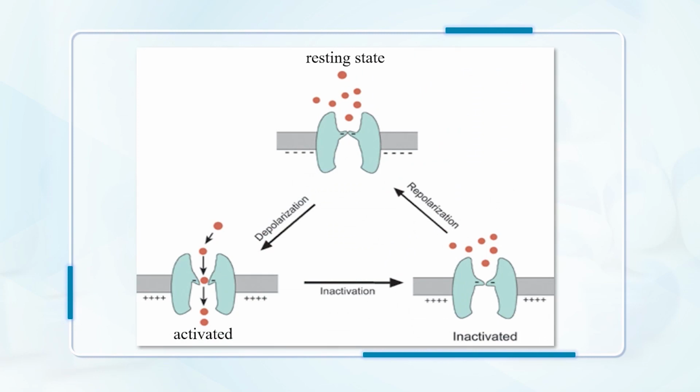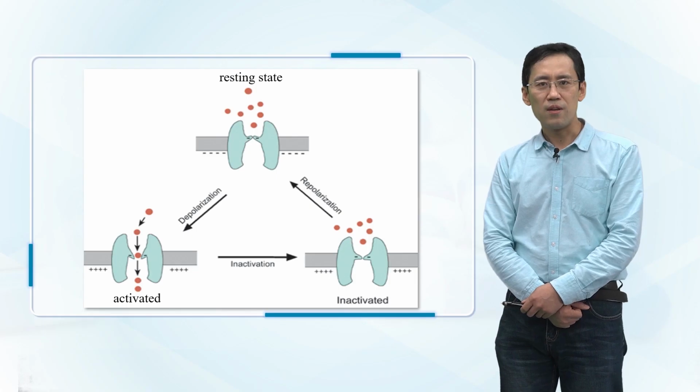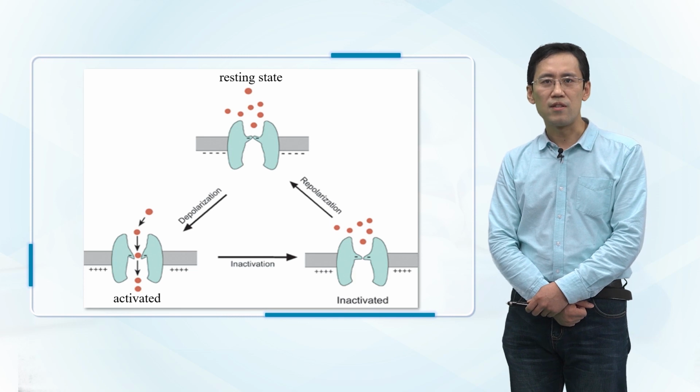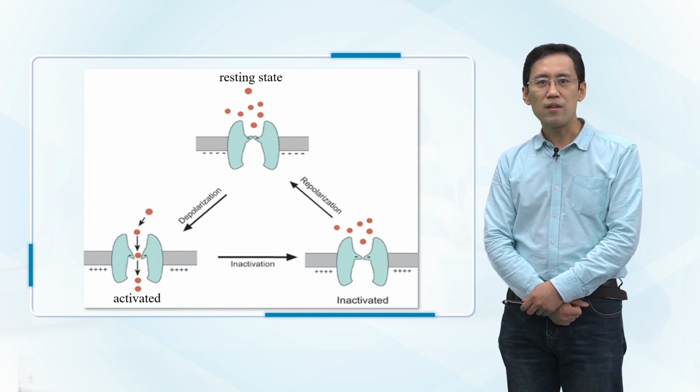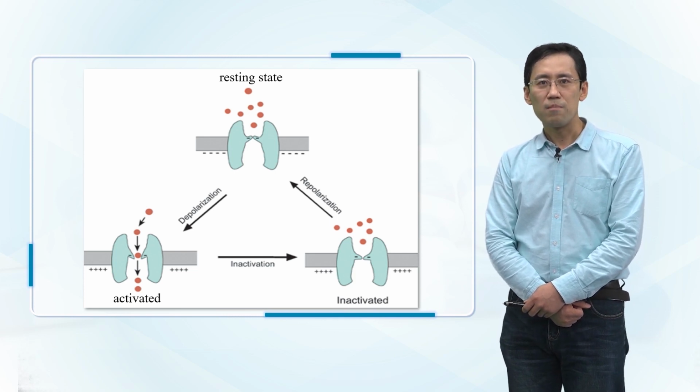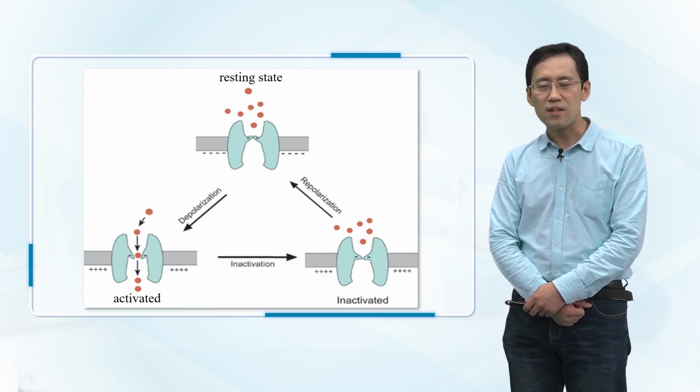The resting state of the channel can be triggered by depolarization, so it becomes the activated, opened channel. Before repolarization, it should be in an inactivated state. It must be repolarized to become the resting state.